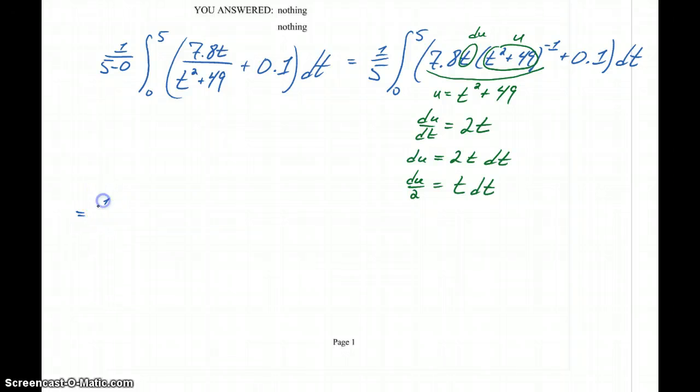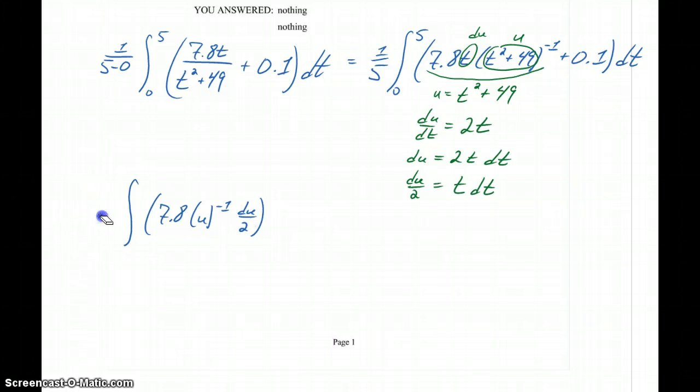So this is going to give us 1/5 times the integral of 7.8 times u to the negative first times du over 2.